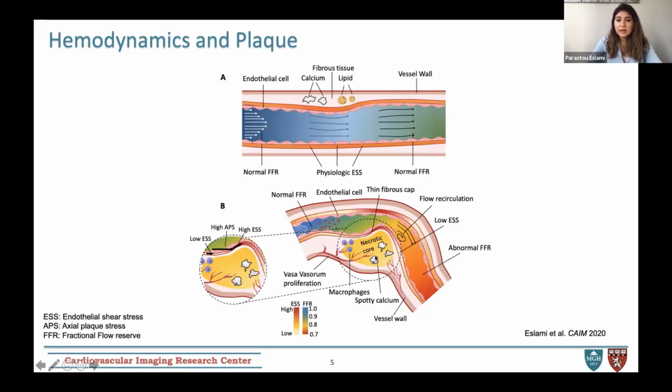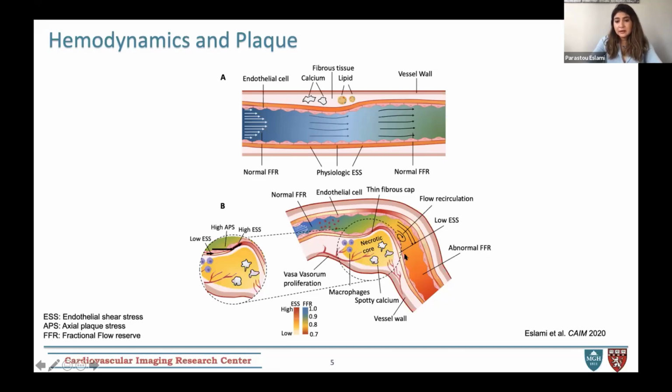However, when you have a plaque with a necrotic core at the minimal lumen area, you can see high shear stress and also a high FFR value causing ischemic flow. Upstream of it, you can see low endothelial shear stress and oscillatory flow promoting plaque progression.